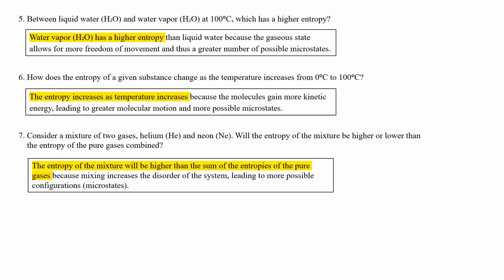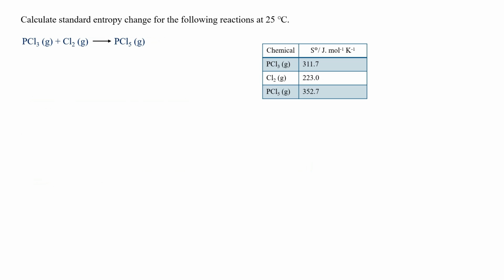Next slide, let's move on to the standard entropy calculations for chemical reactions. Let's calculate the standard entropy change for the given reactions. Here I plan to calculate three reaction standard entropy values. First reaction is PCl3 combined with Cl2 to produce PCl5.